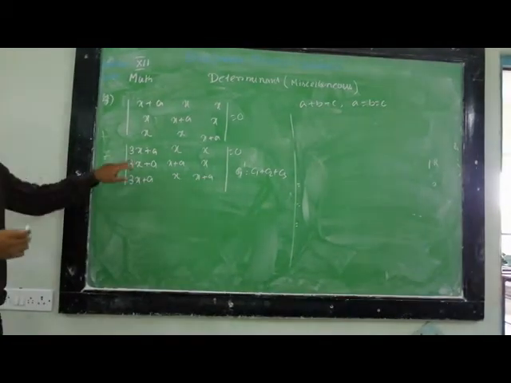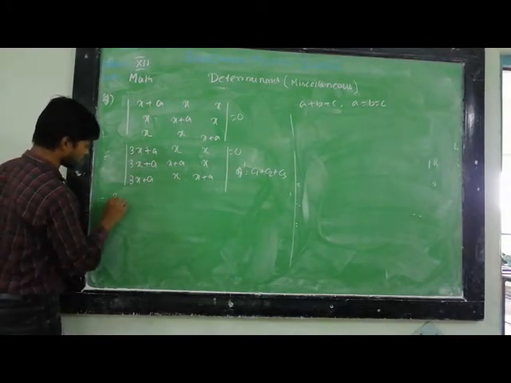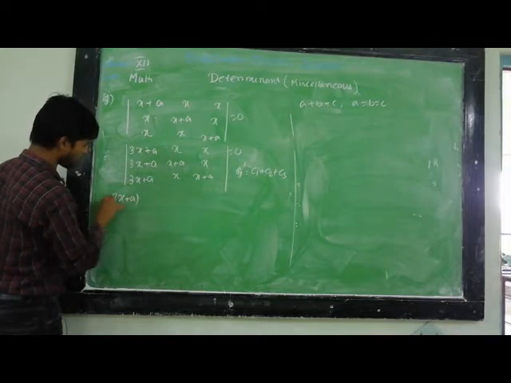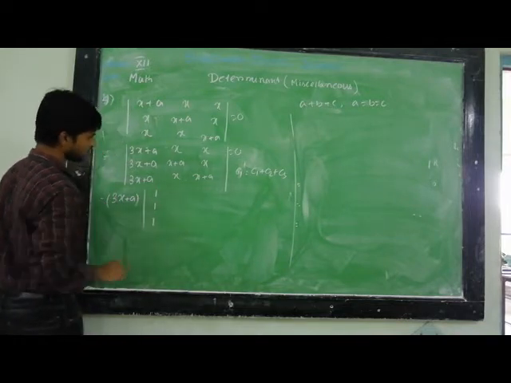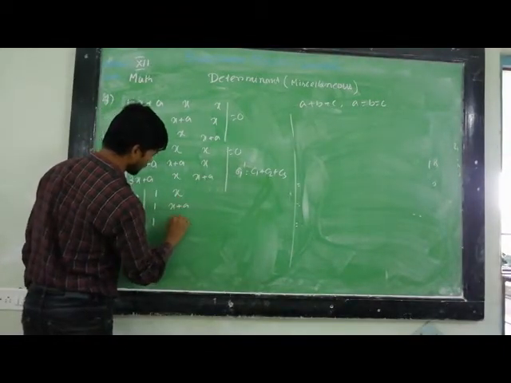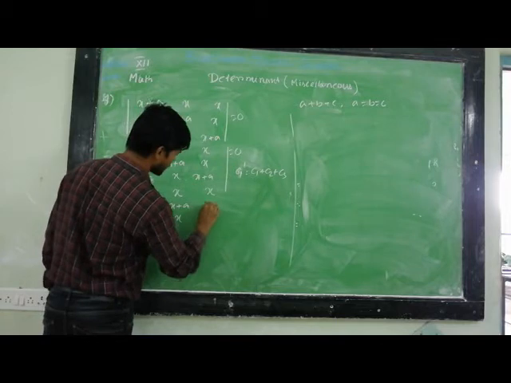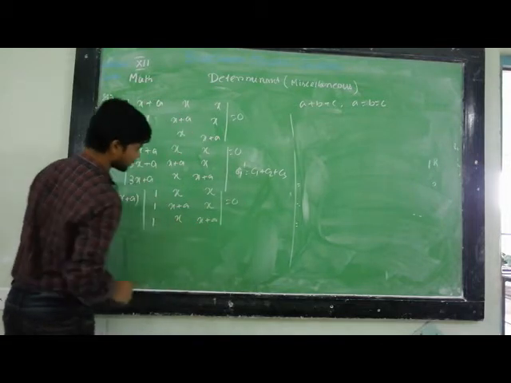Now take 3x plus a common from the first column. So 3x plus a into the determinant of rows (1, x, x), (1, x plus a, x), (1, x, x plus a), which is equal to 0.